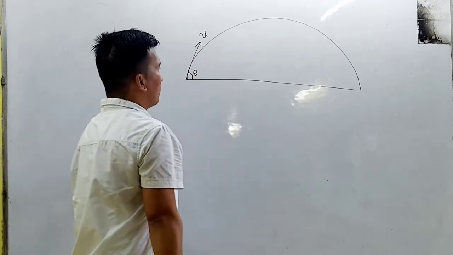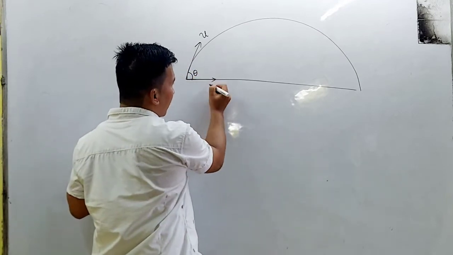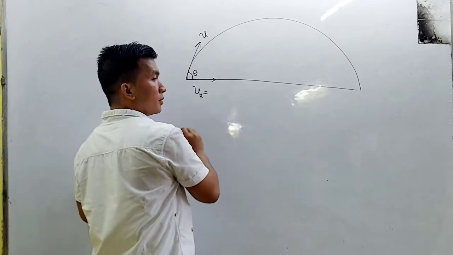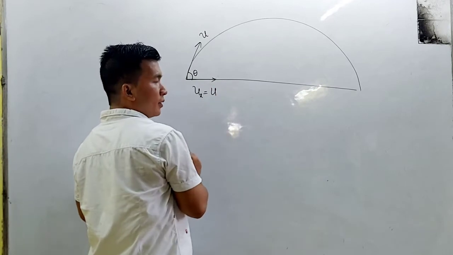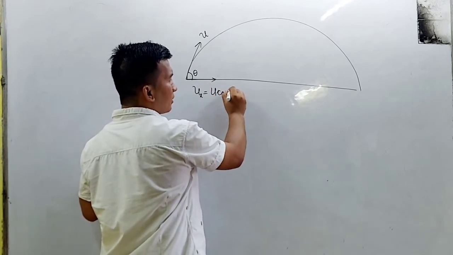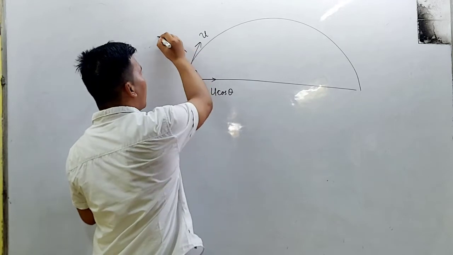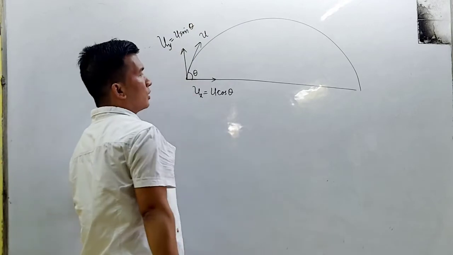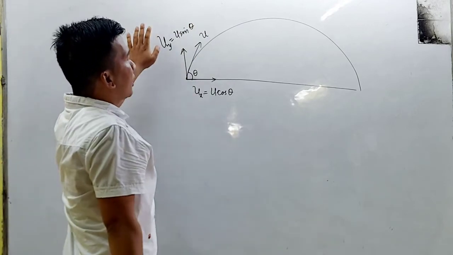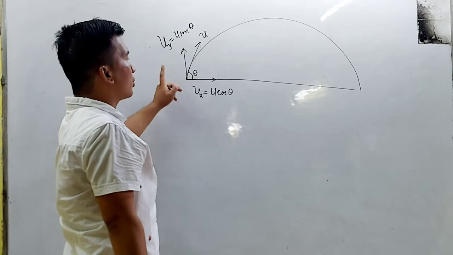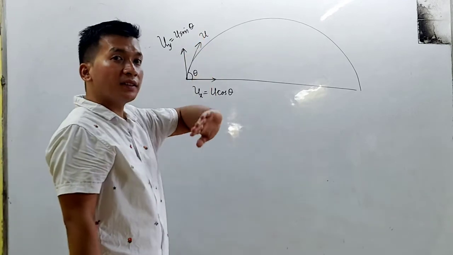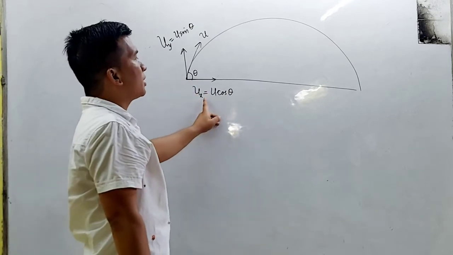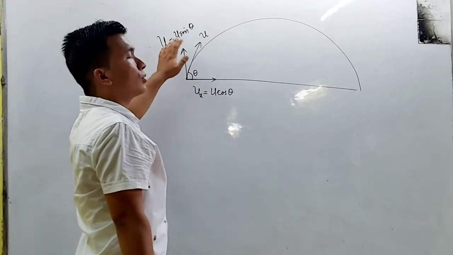The initial velocity will be divided into two component vectors: horizontal component and vertical component. Horizontal component of velocity ux is equal to u cos of theta, and vertical component uy is equal to u sin of theta.